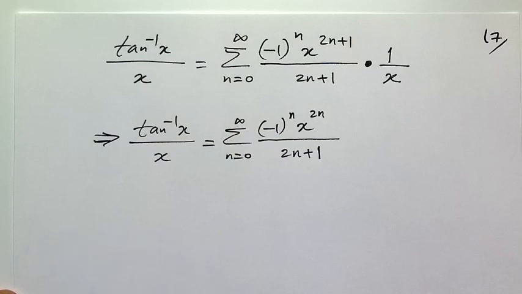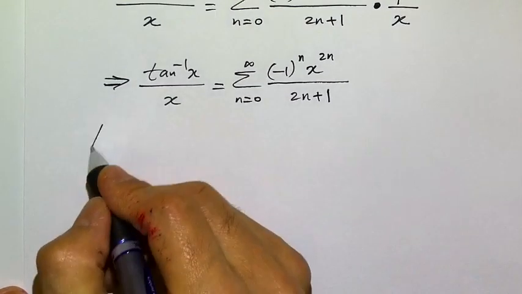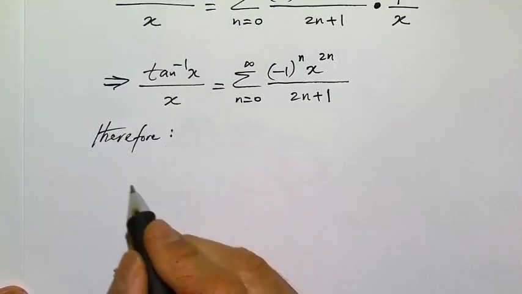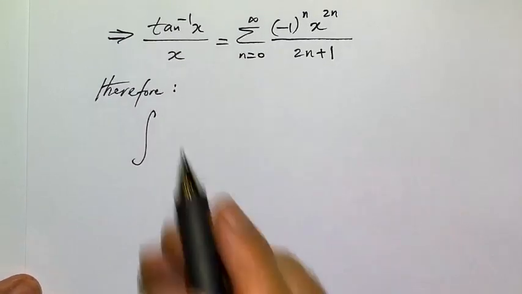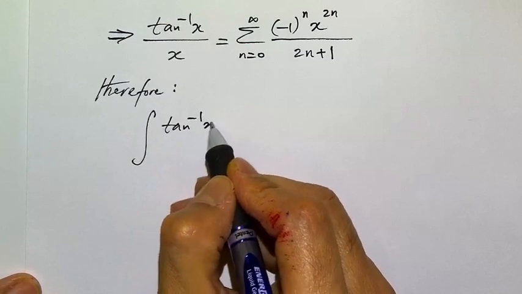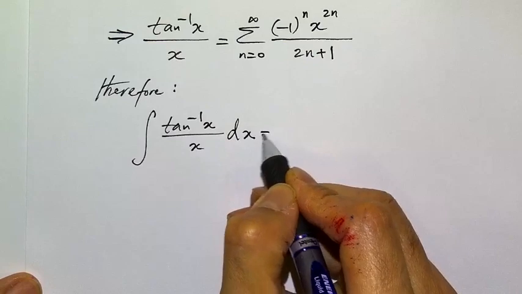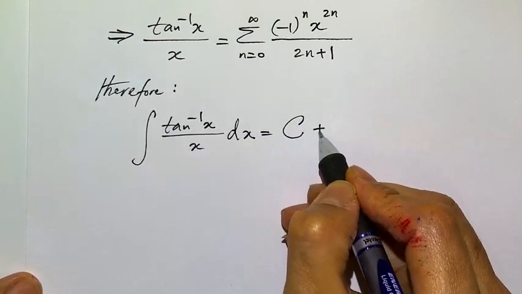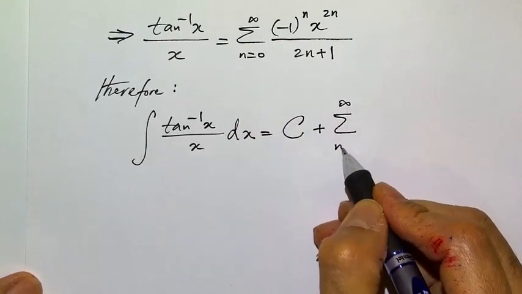Okay, so let's do that. Integral of inverse tangent of x divided by x dx. Of course, this is an indefinite integral, so we're going to get a c constant term plus, let's integrate this power series.